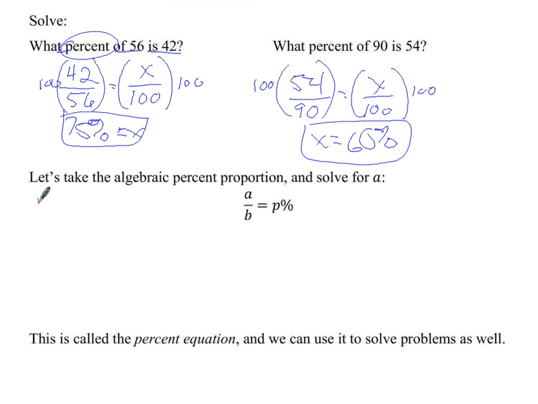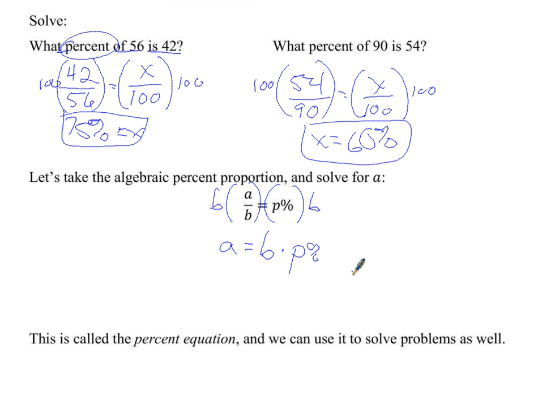All right, let's take the algebraic percent proportion. The percent proportion was what we were just working with: A over B equals percent over 100. Right here. And solve for A. If I want to solve for A, what do I do? Multiply both sides by B. And when I do, I get A equals B times P percent.